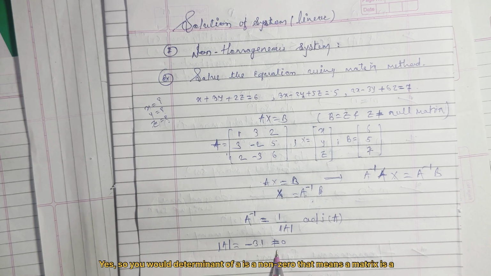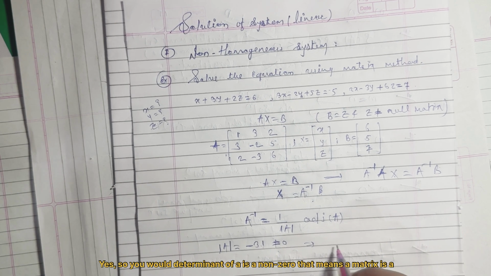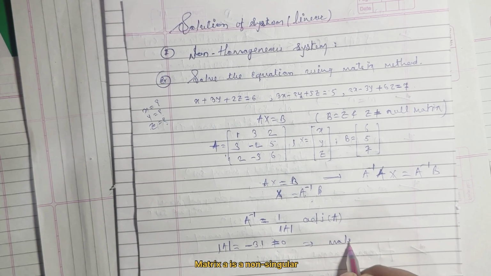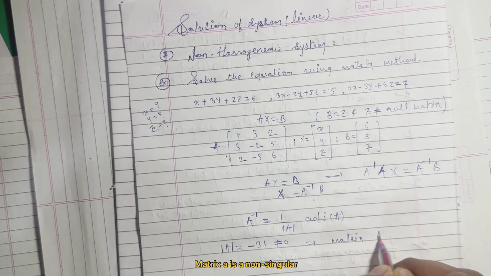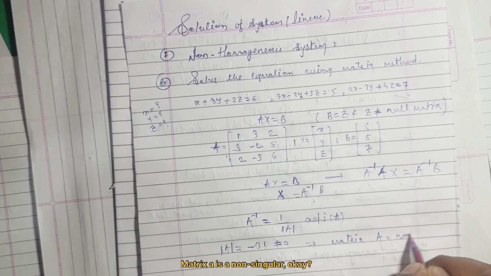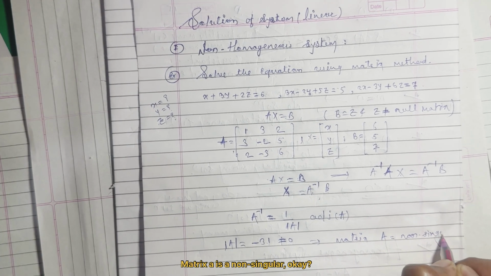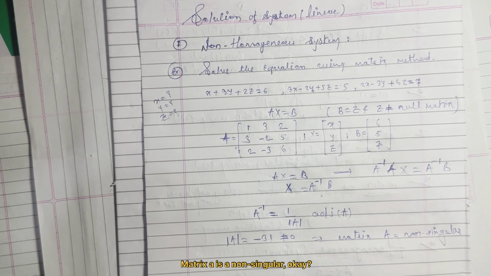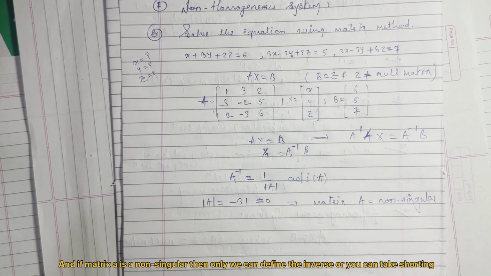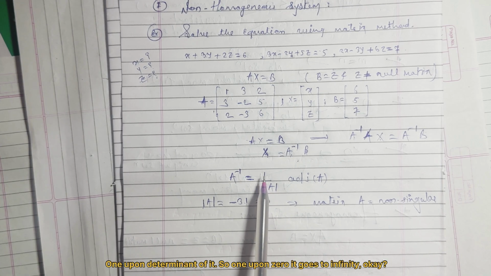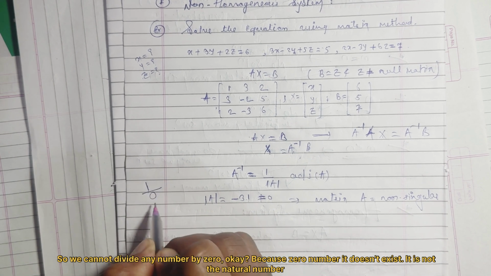So if the determinant of A is non-zero, that means matrix A is non-singular. And if matrix A is non-singular, then only we can define the inverse, using the short trick 1 upon determinant of A. 1 upon 0 goes to infinity, so we cannot define any number divided by 0.